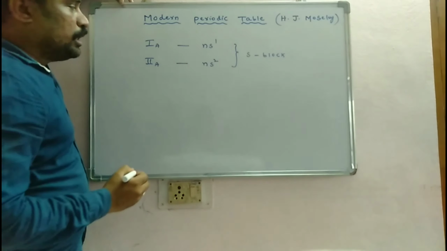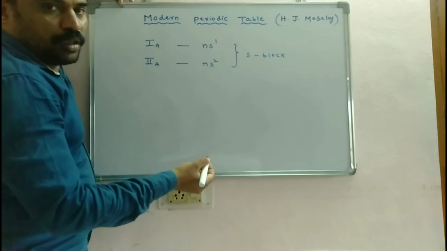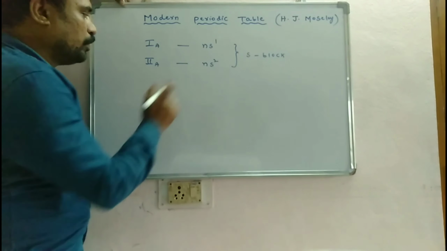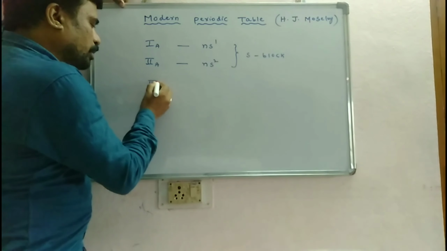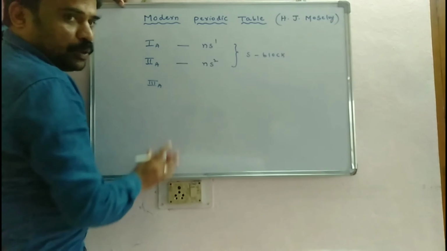Now let us see the general electronic configuration of P block elements also. P block elements start from 3A to 8A.